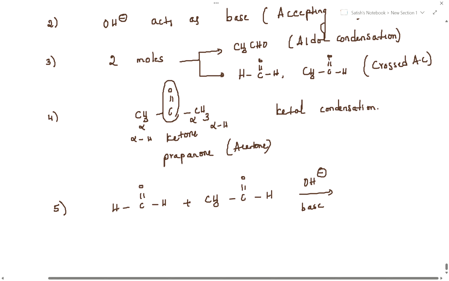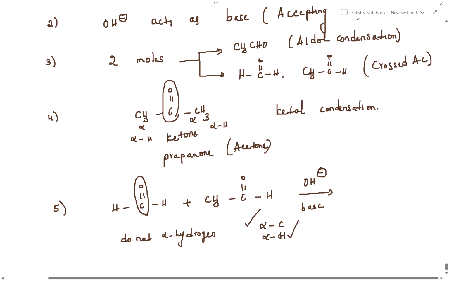This is the functional group, but there is no carbon next to it. What is our first condition? It must have alpha hydrogen. So what is the point here? Out of two aldehydes, at least one has an alpha carbon and alpha hydrogens, and it will undergo aldol condensation.